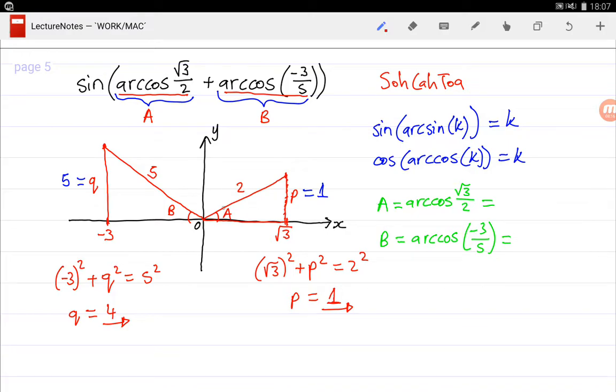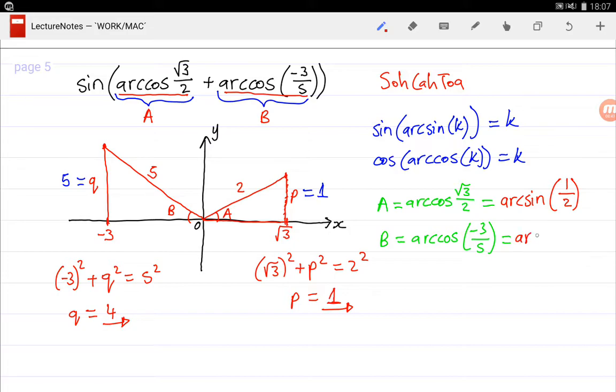So sine for A is opposite over hypotenuse. This is our A. Opposite is 1 and hypotenuse is 2. So we can express this as arc sine of 1 over 2.